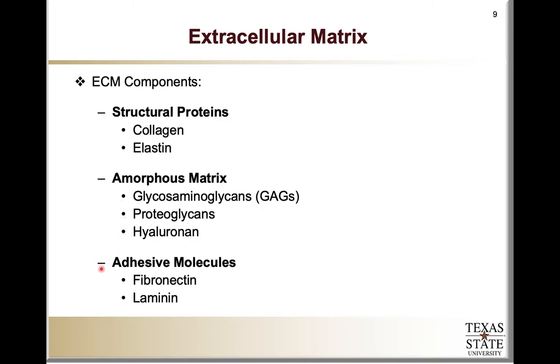And then we're going to have adhesive molecules that are going to enable the cells to attach to the tissue, and those are going to include fibronectin and laminin. Now we're going to go through each of these materials and discuss some of their properties.